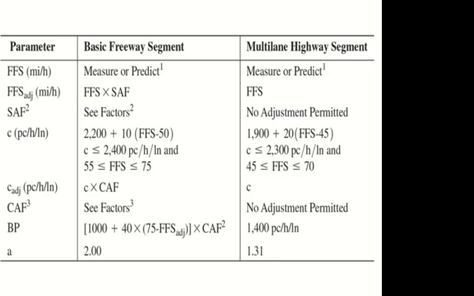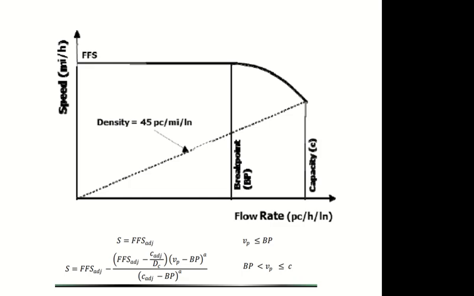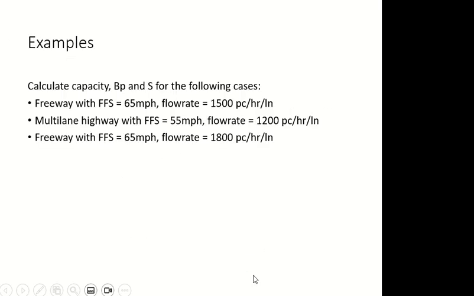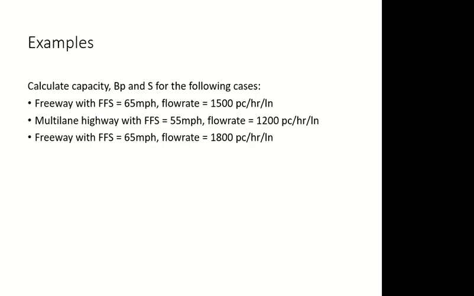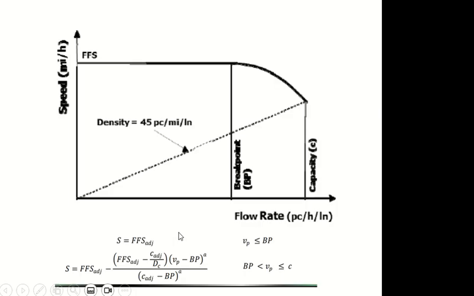Now to find out the speed, I need to see which condition applies. I can use this one or this one. If I look at it, the flow rate is 1500. Your breakpoint is 1400. So Vp is more than the breakpoint. That means I have to use this equation now. This one.